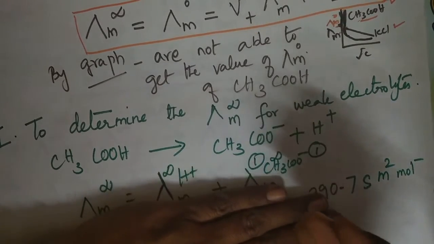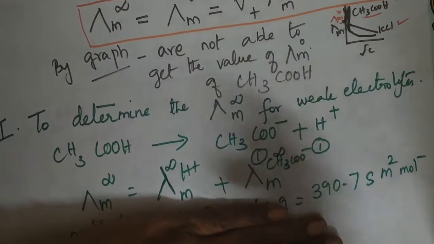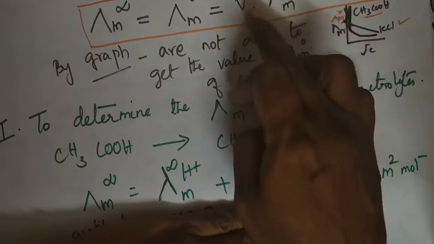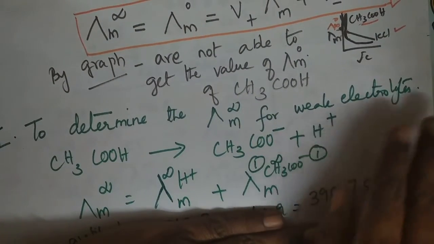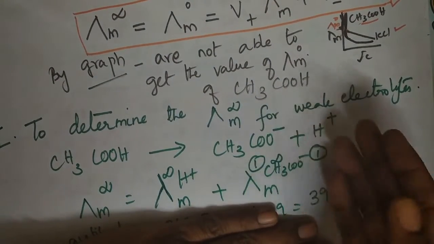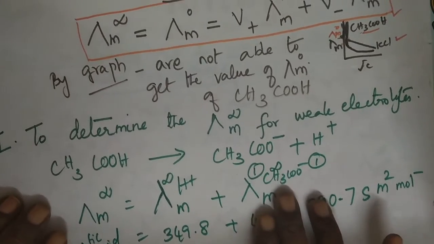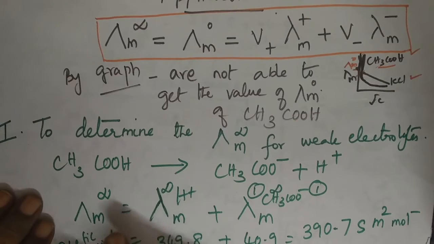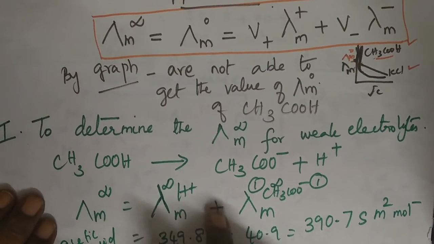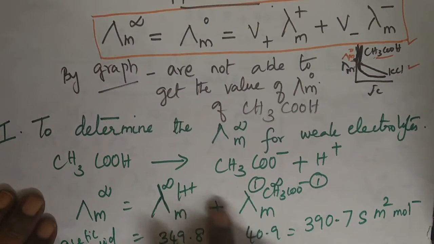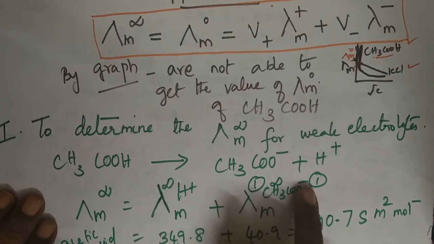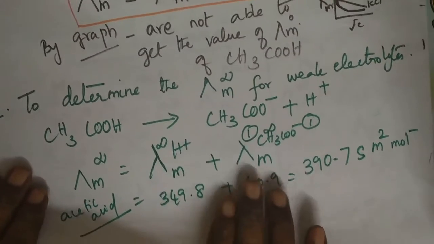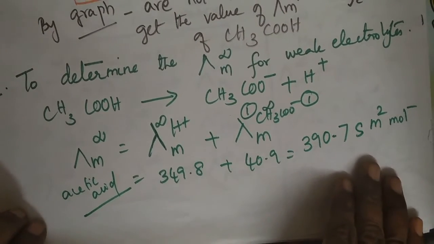Applying the Kohlrausch law here, since v plus and v minus are both 1, I leave them off. Then lambda m infinity is equal to lambda m infinity of H plus plus lambda m infinity of CH3COO minus. If the values are given in the calculation, you can just add them up.